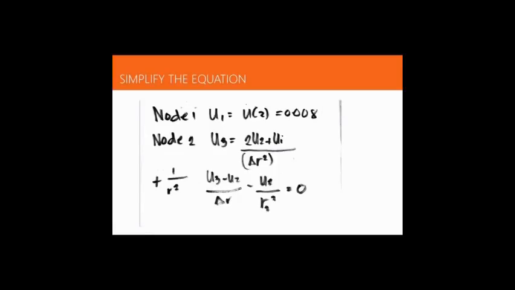Now let's find u as a function of r. We use 4 nodes to do the problem, which is equidistant, or equal distance.